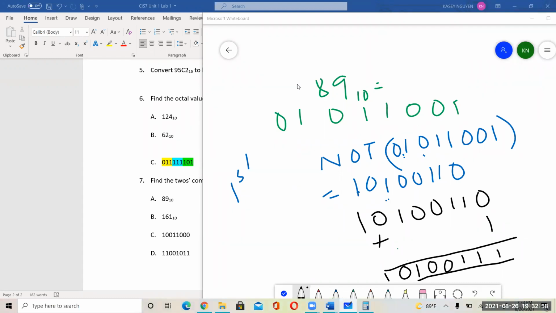Because as you negate it, that 1 bit that you add, it stores the positive negative sign. Yeah, because if you don't add that 1 bit, it's incomplete. It can't show you whether it's positive or negative. Okay. Thanks. You're welcome.